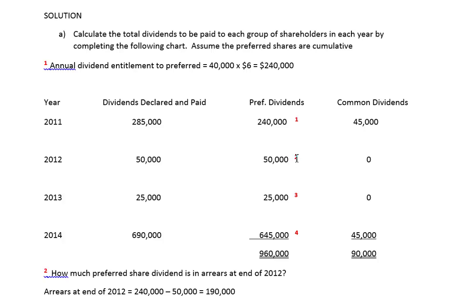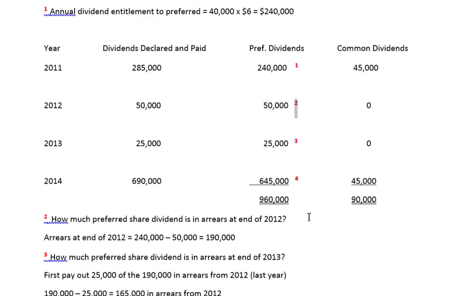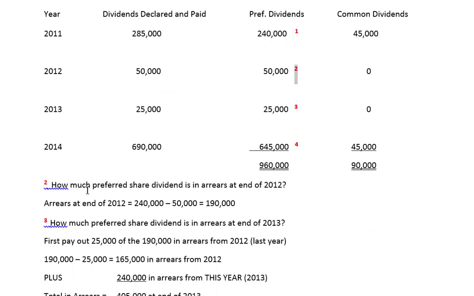So I've got this little number 2 here because I want you to be able to calculate how much of the preferred share dividend is in arrears at the end of this year, 2012. Well, don't forget that $50,000 was paid, but their entitlement for the year was $240,000. So the arrearages, or the amount that they need to clear off the next time a dividend is declared, is $190,000.